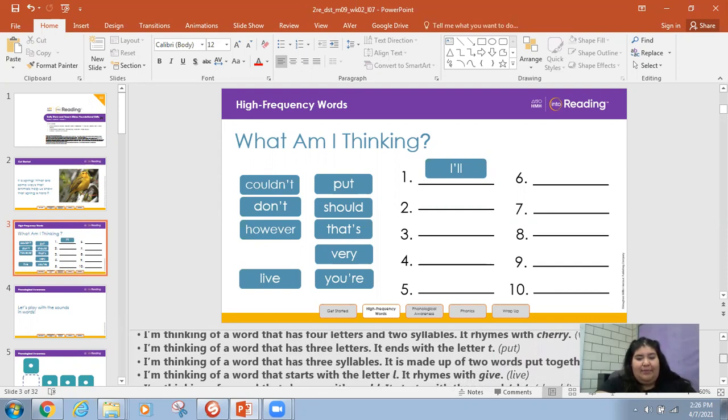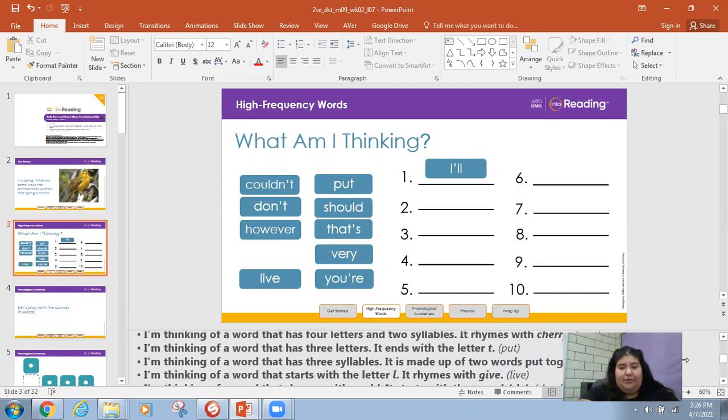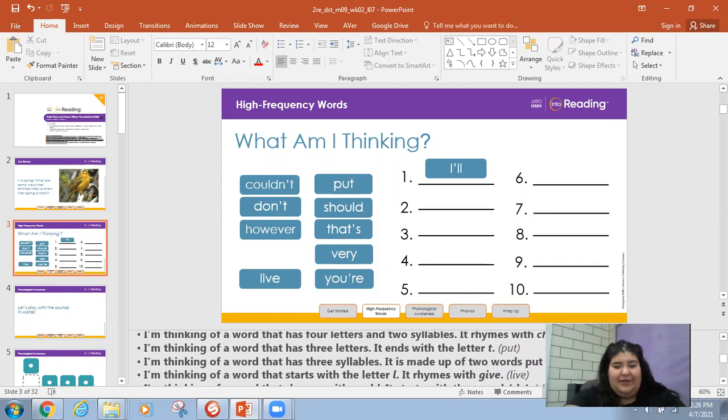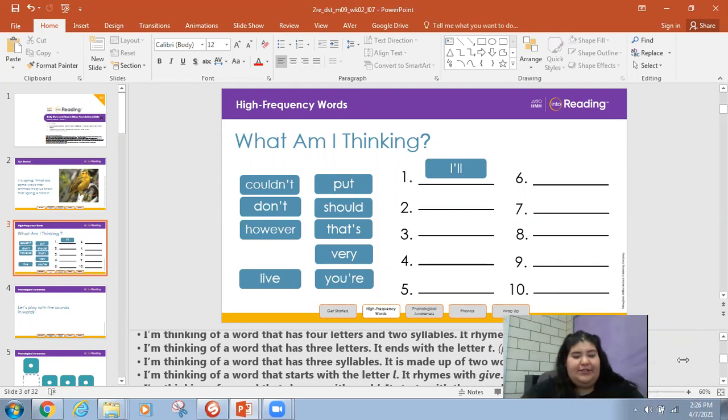It is made up of 2 words put together, and it has 3 syllables. Number 4.